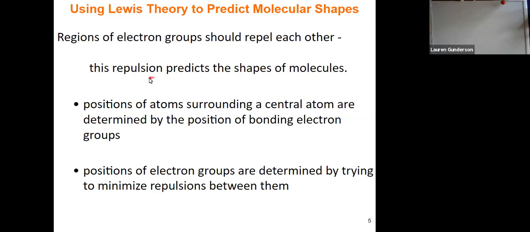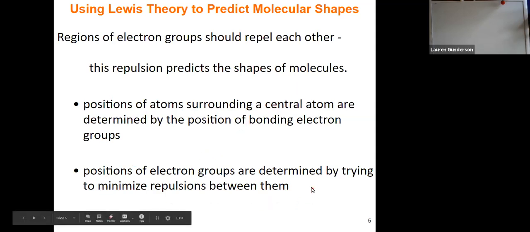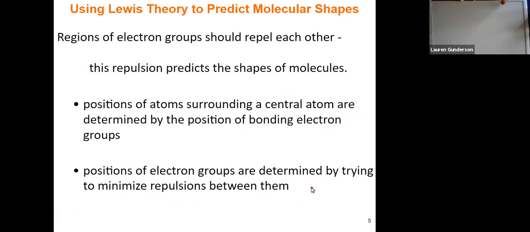And the repulsion is going to dictate the shape of the molecule, right? So whenever we're trying to figure out what shape a molecule is going to form, the shape it's most likely going to form is going to be the shape that minimizes repulsion between electron groups. All right, so the electron groups are always going to try to get as far away from one another as possible.